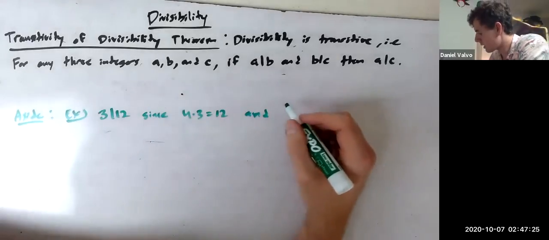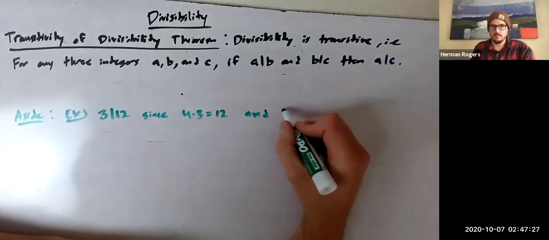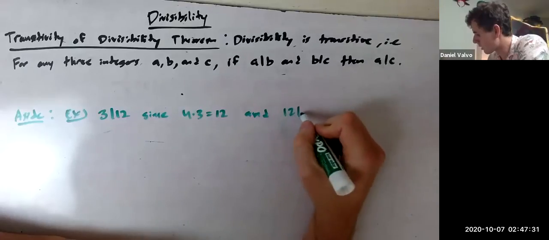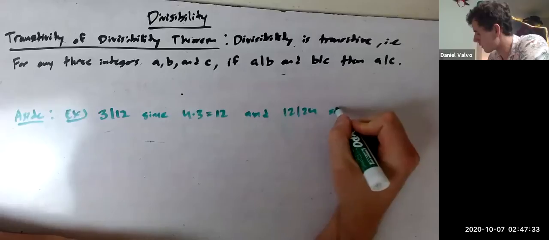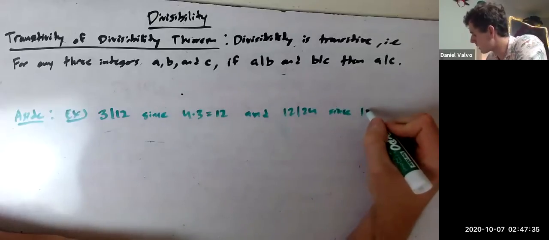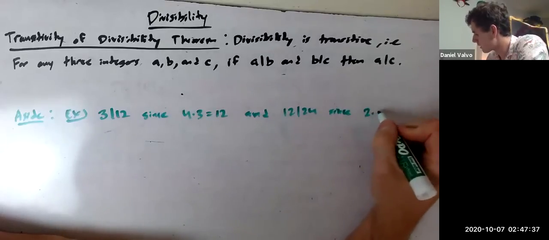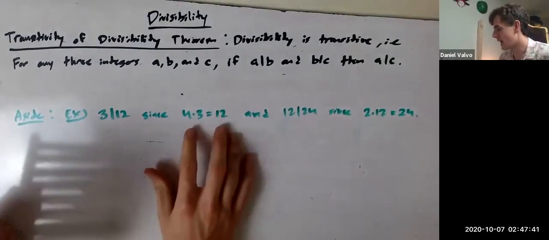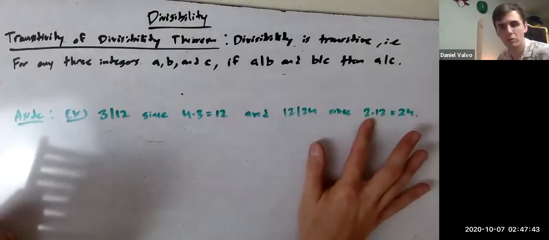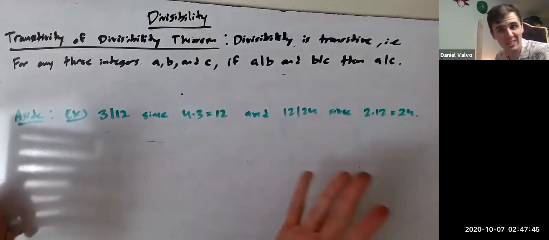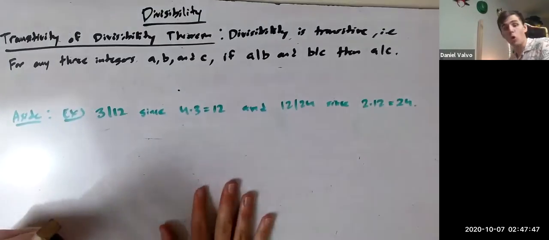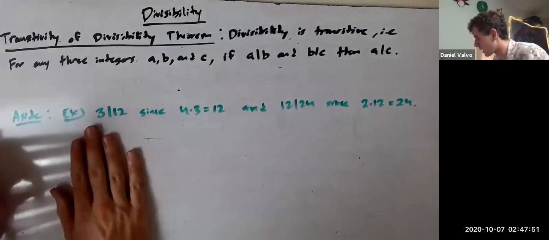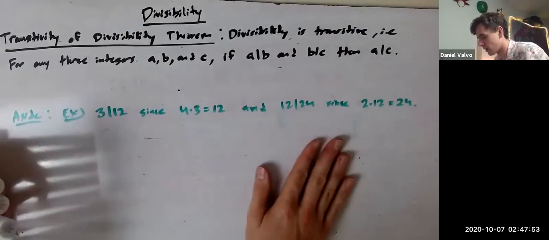And 12 divides 24 since 2 times 12 equals 24, right? And 4 and 2 notably are integers. That's why they are divisible. So yeah, 3 divides 12 and 12 divides 24.